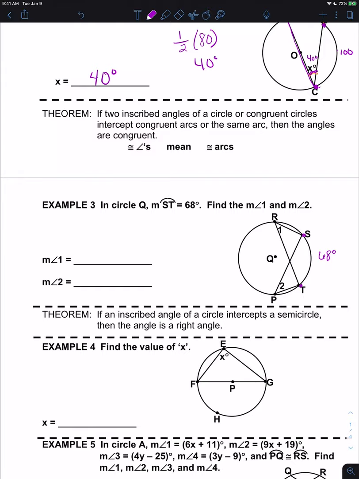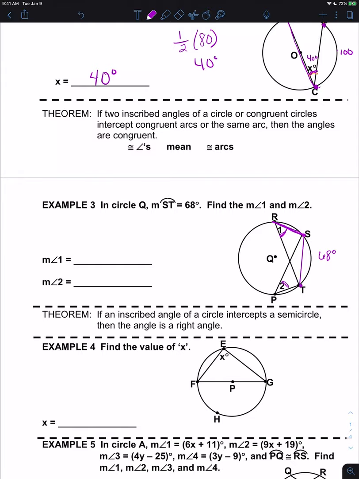They want us to find the measure of this angle 1 and then the measure of this angle 2. Angle 1 consists of the angle S to R to T.